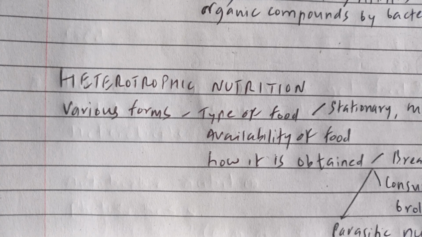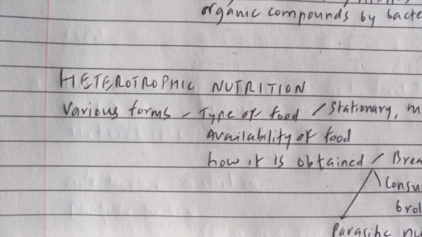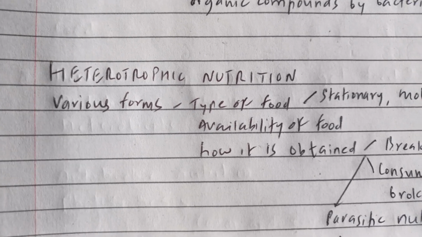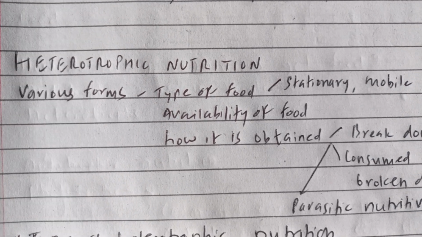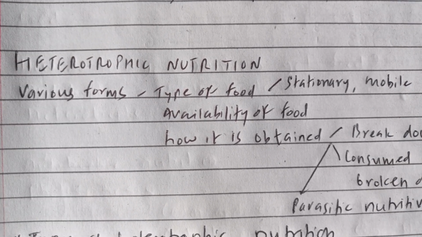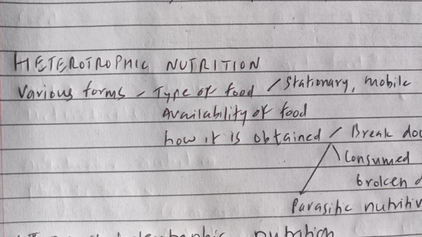Some organisms will break the food down into smaller pieces outside the body and then take that food into the body. Examples of these are fungi. So they break down food outside and then take it inside.